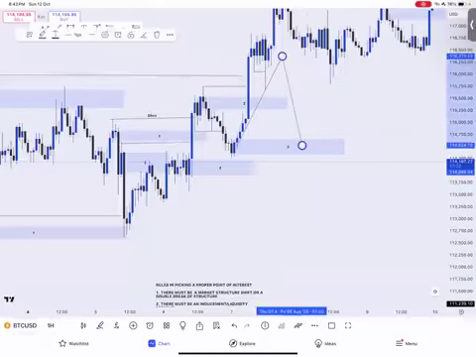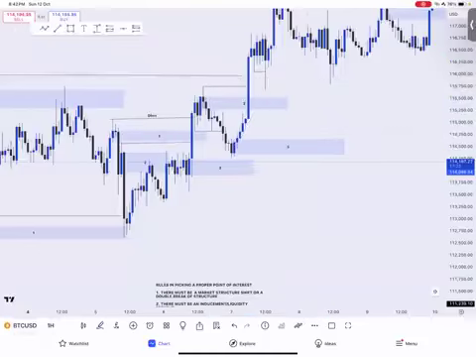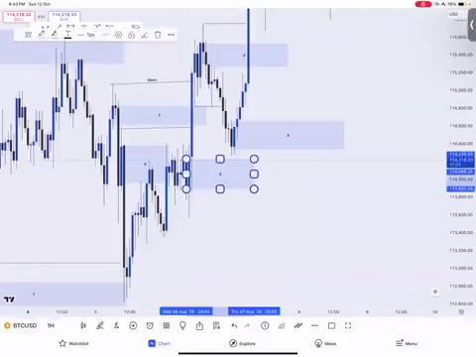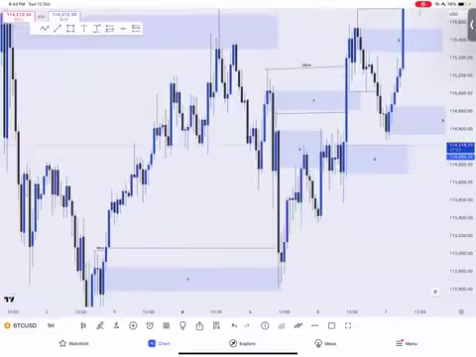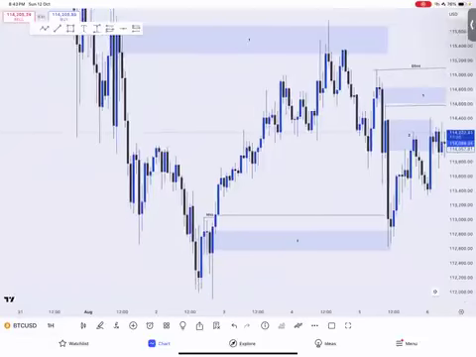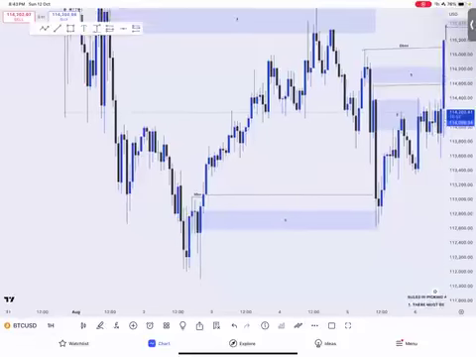But because the candle wicked the point of interest before pushing up, it does not mean it's been mitigated, because this happened before our double break of structure. The same way this one happened before our double break of structure. So it is still unmitigated. Mitigation needs to happen after the market structure shift or after the double break of structure.